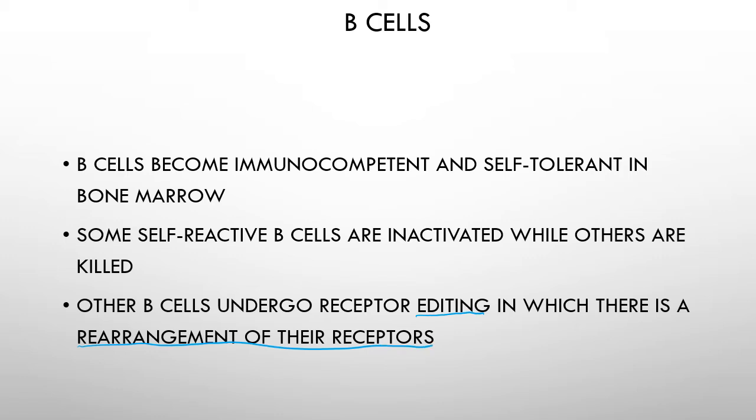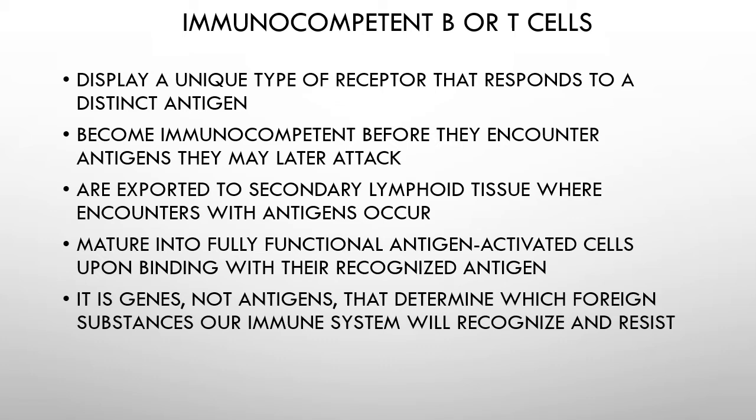If it becomes too reactive again, then we're going to destroy those cells. Those that are too self-reactive are selected against, and we destroy them and do not allow them to be released. If that rearrangement has caused it to be, in a sense, normal again, then we can release them out into the bloodstream.